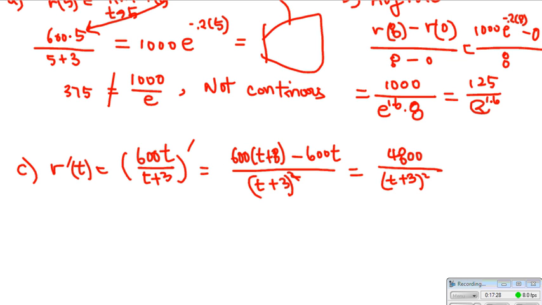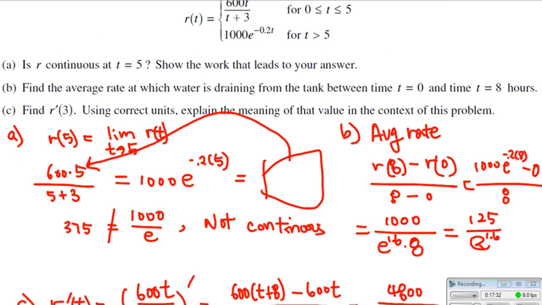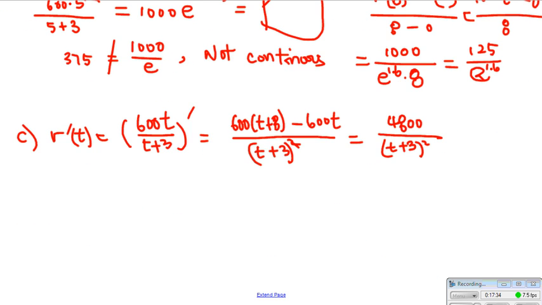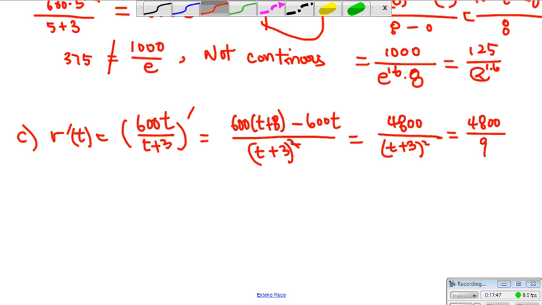Since we are looking for t equal to 3, once you plug in 3, then we will end up getting 4800 divided by 36, because (3 + 3)² becomes 36.